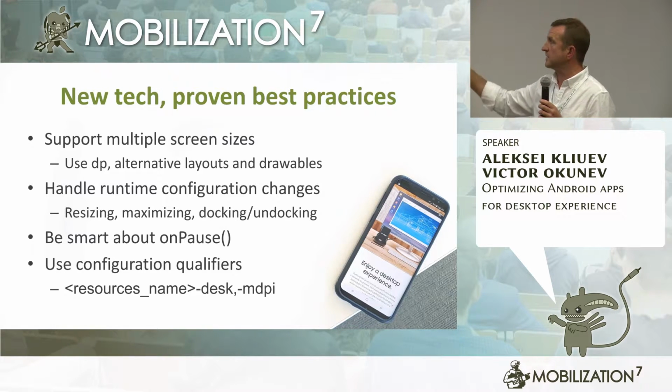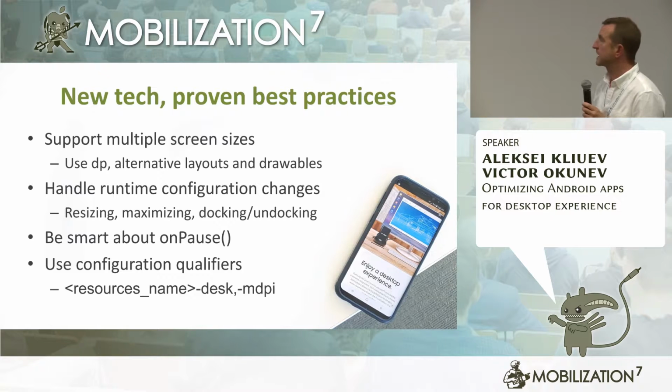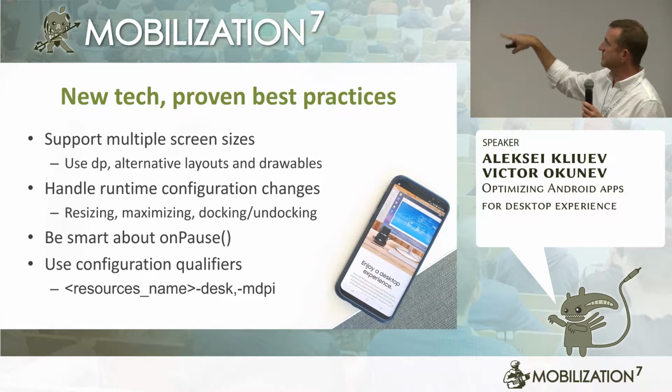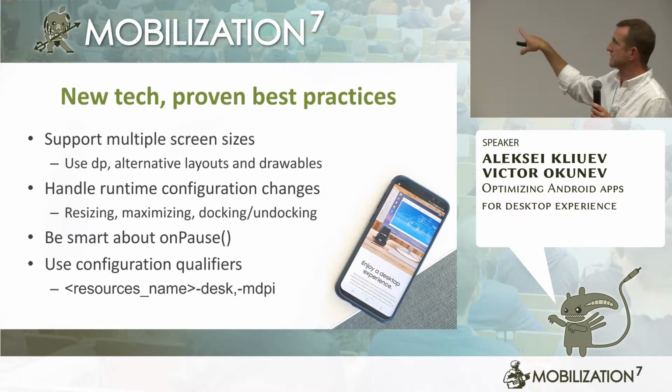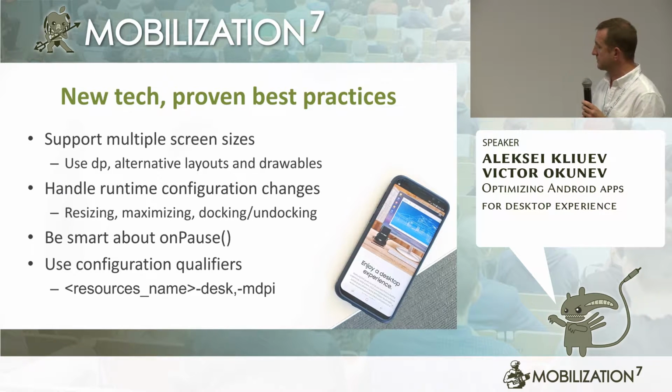So if you would like to use certain layouts or certain drawables in desktop mode, that's your qualifier. If you would like to use a screen density qualifier, then use MDPI, because that's currently the qualifier that will be used when your app runs in desktop mode, at least on the Samsung DeX station.